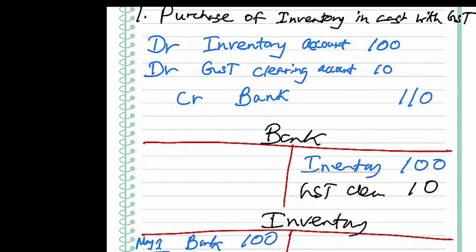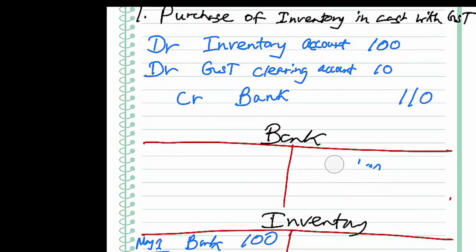But in your study design, because it is from the same transaction, they have combined these two. Inventory and bank, GST, they combine. Then what we would write is, whatever the day, May 1st or whatever, I don't care about the date.